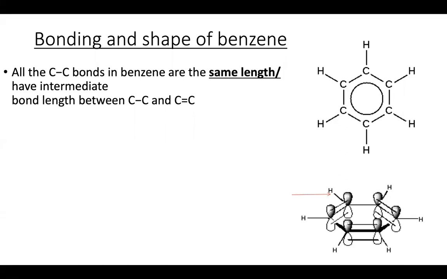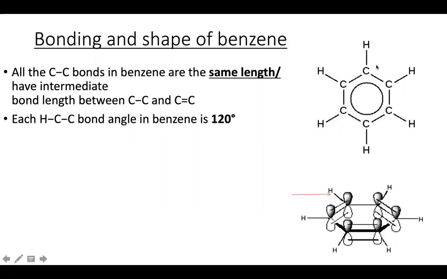It's not a single, it's not a double, it's an intermediate. And they all have the same bond length: carbon 1 and 2, 2 and 3, 3 and 4, 4 and 5, 5 and 6, 6 and 1.